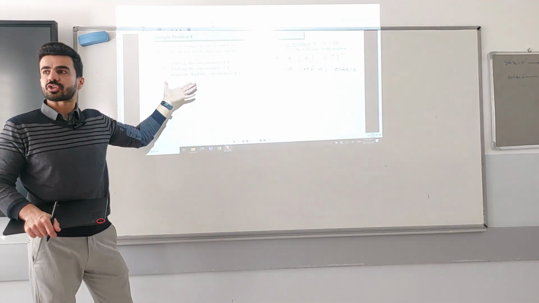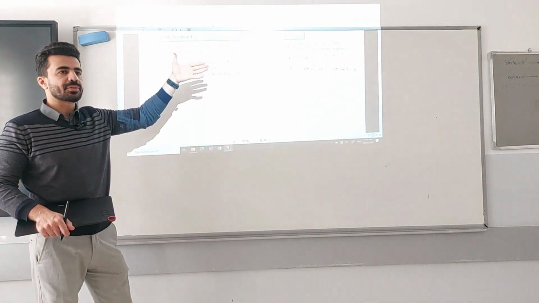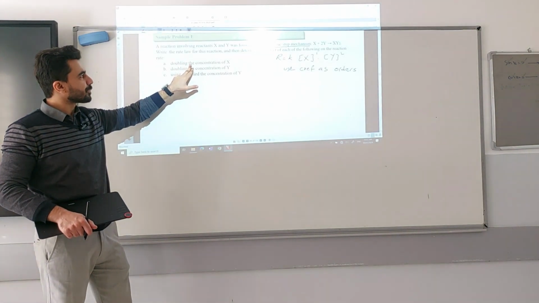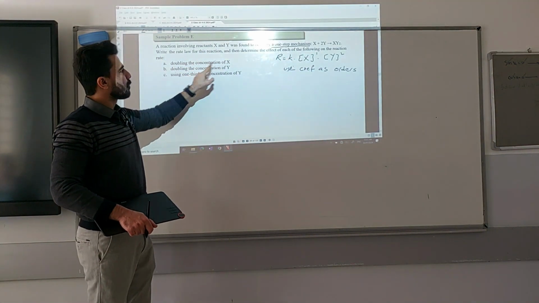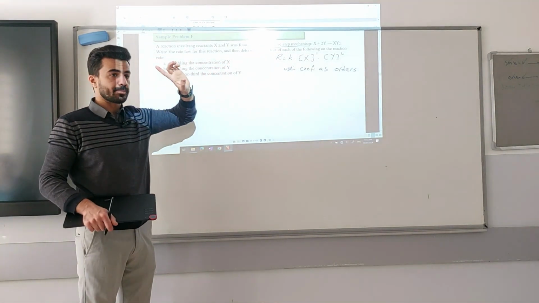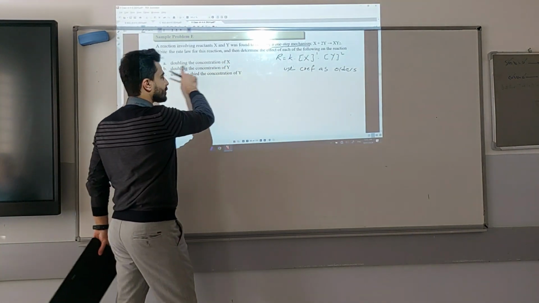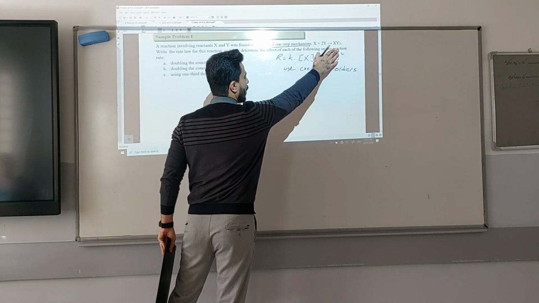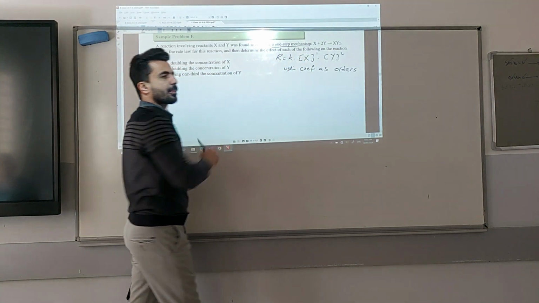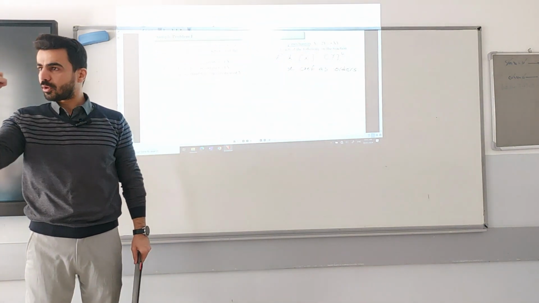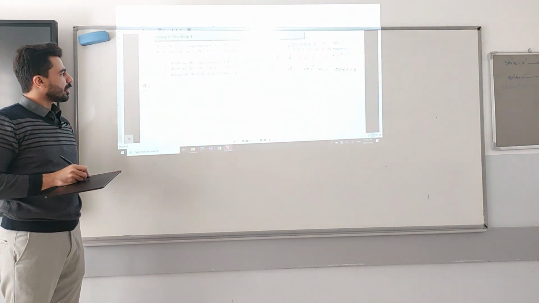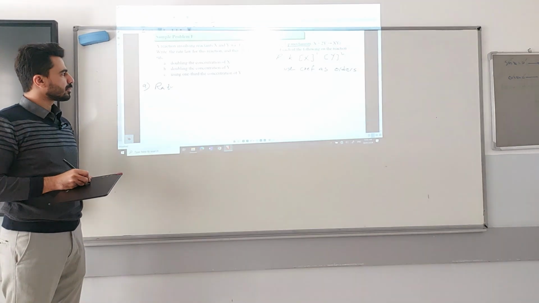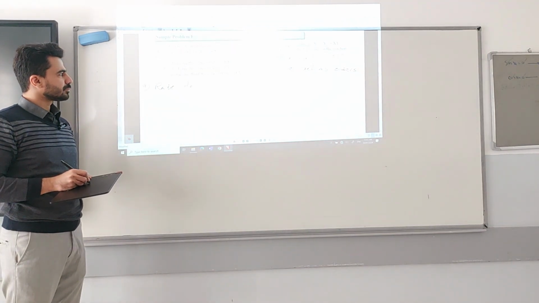Then we can answer the questions about how the rate would change. In the first one, it says, what's going to happen to the rate if we change the concentration of X only? So X is doubled. Don't look at the Y. If X is doubled, what's going to happen to the rate? Also doubled. Why? Because the power of X is 1. So for A, we're going to say rate doubles.